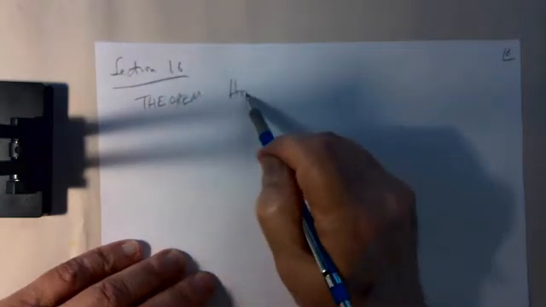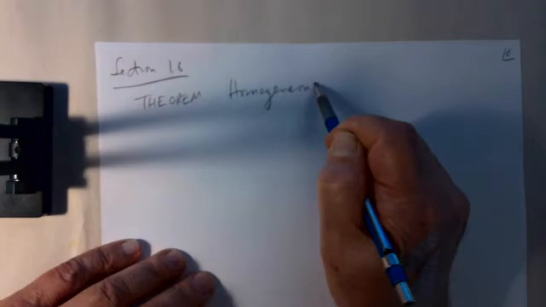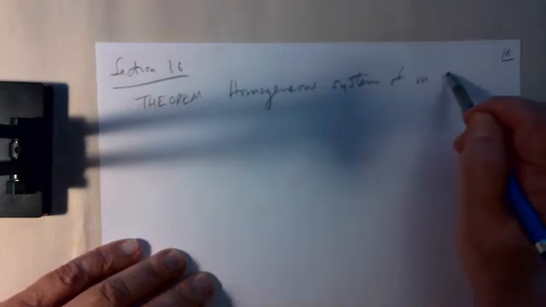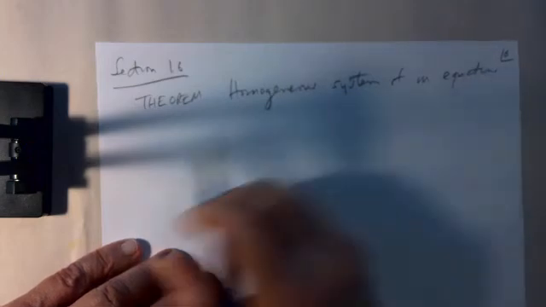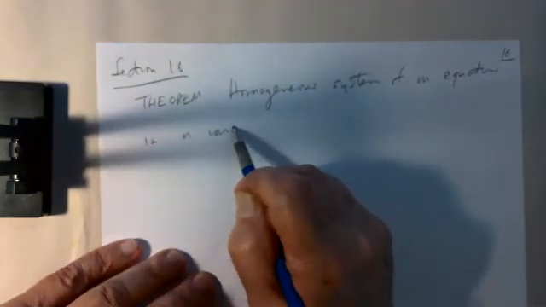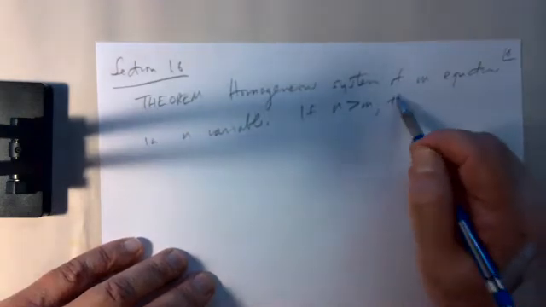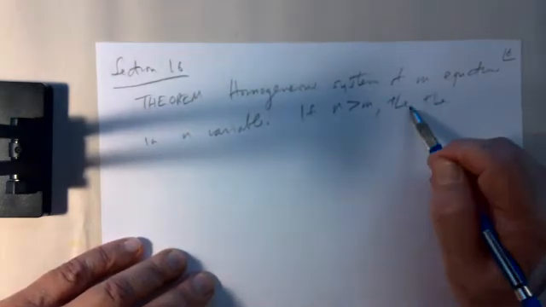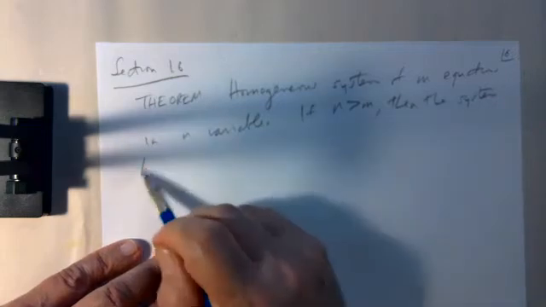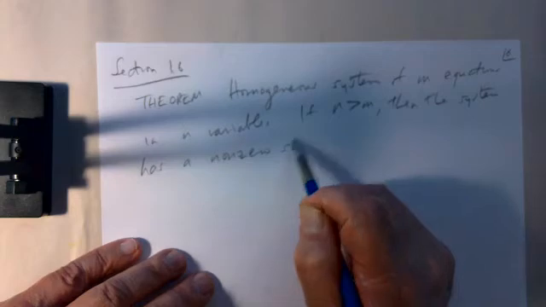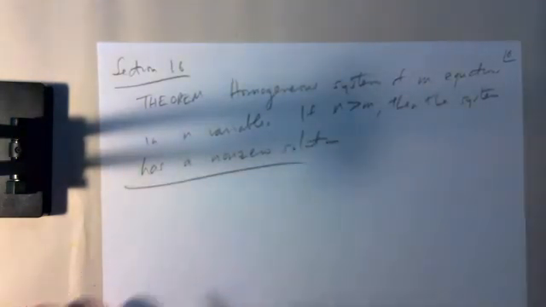We have a homogeneous system of linear equations where we have m equations in n variables. The theorem says that if n is bigger than m, if you have more variables than equations, then the system always has the zero solution, but it also has a non-zero solution. And that is a very important fact.